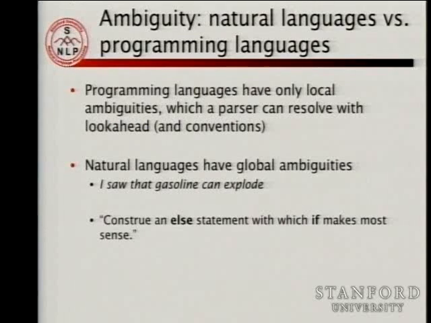But programming languages are very carefully designed so that they only have local ambiguities. In particular, all the standard programming language syntaxes are such that you just need to look at the one next token, and that gives you sufficient information to resolve all ambiguities. Whereas here, you get to the end of the sentence, and there's still nothing syntactically to resolve the ambiguity.